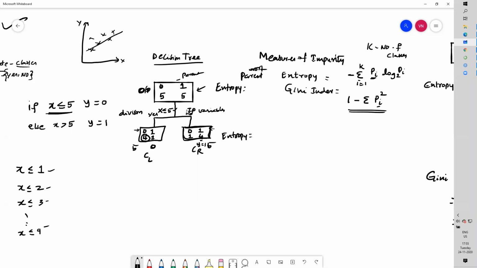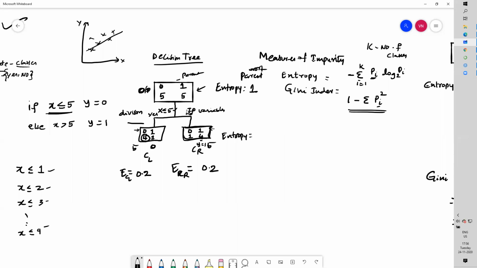So entropy at the parent node here is 1. Let's say entropy at the left hand child, ECL, is 0.2, and entropy at the right hand side child, ECR, is equal to 0.2.